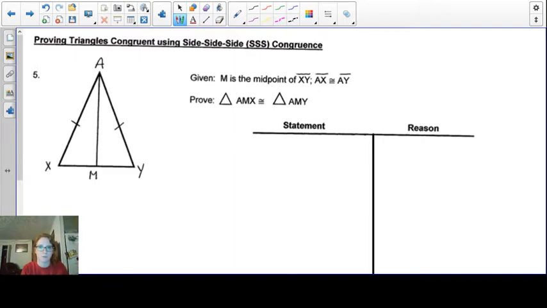There we go. So, number 1, we're going to be our given, and we're going to talk about what we see. So I see things that are drawn on there, and I see things in words. So I see N is the midpoint of X, Y, and I see AX is congruent to AY. So let's copy it down.